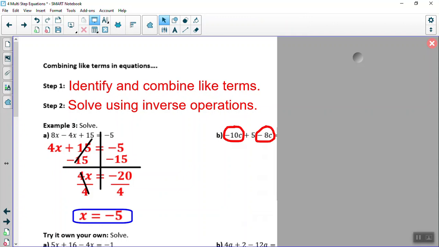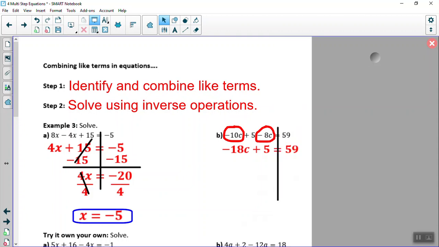So I could put that in my calculator, negative 10 minus 8, and that gives me a negative 18c. And then I can bring down my plus 5. All right, now I'm down to two terms that are not like terms. So I can uncover this side, and now we have a two-step equation to solve.